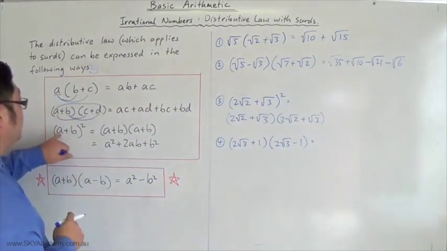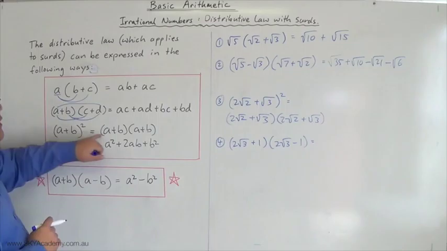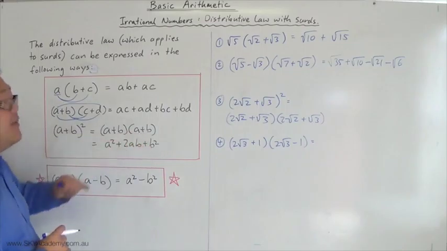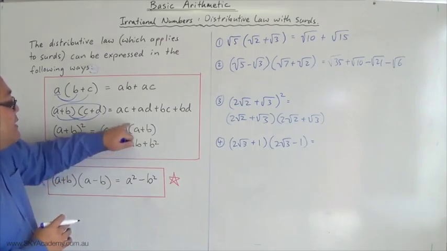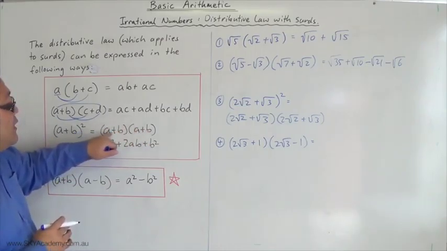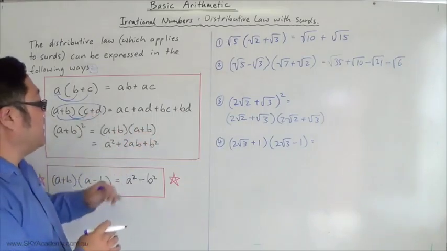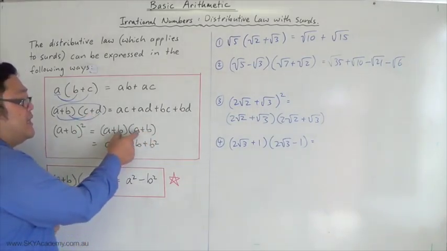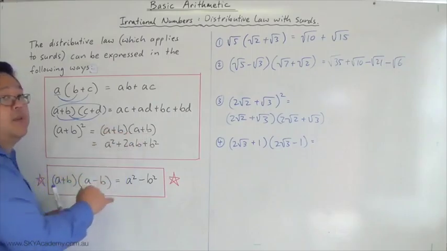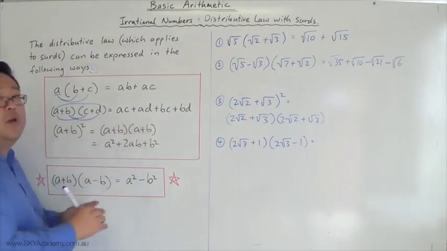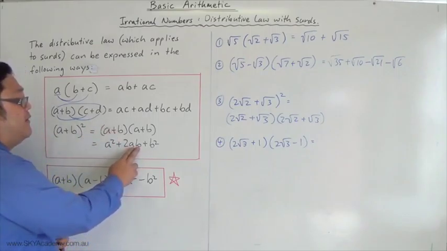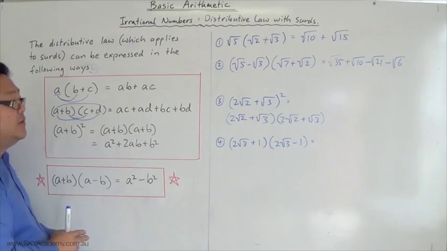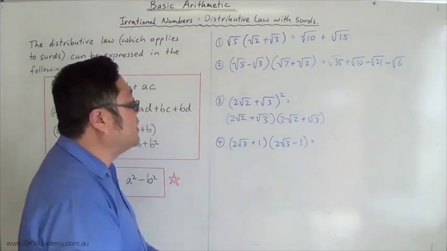So when you've got a square, it's like doing another FOIL method question: front two, outside two, inside two, and last two. But what's special with a square is that the product of the outside two and the inside two will be the same. When you add them together, you get two lots of the outside two answer. So let's look at this sort of question.